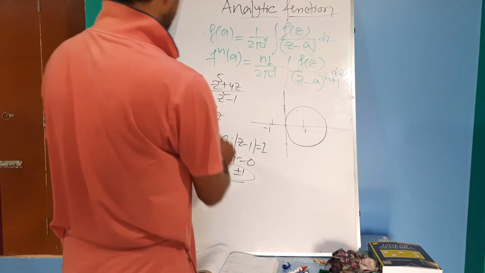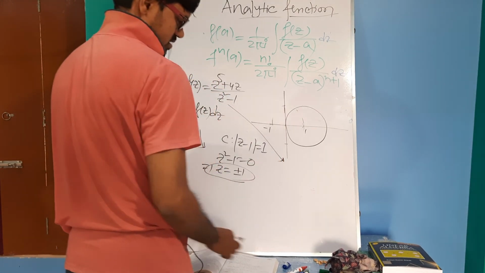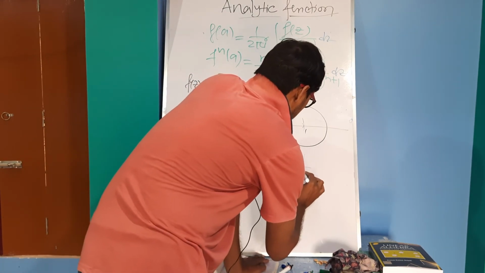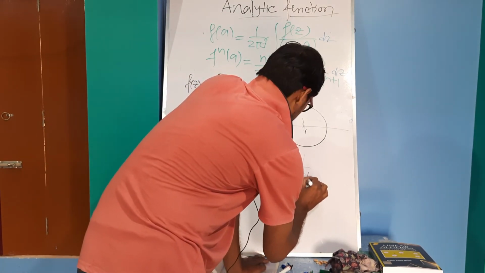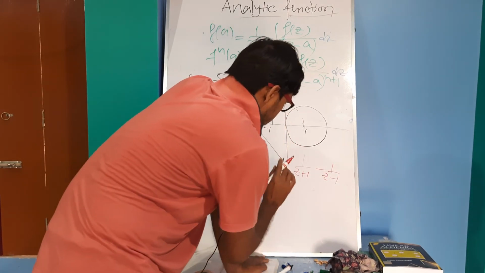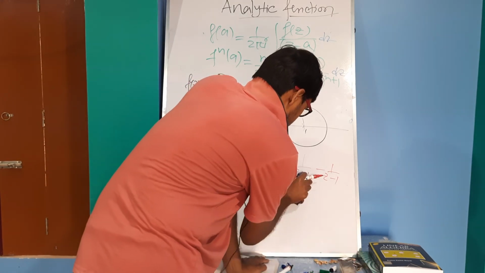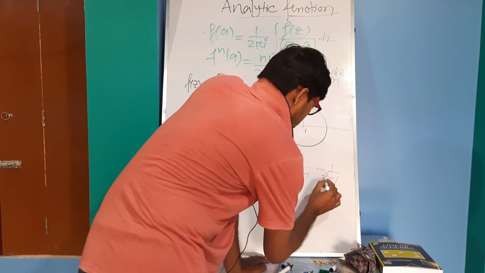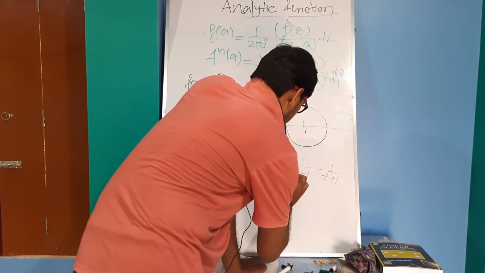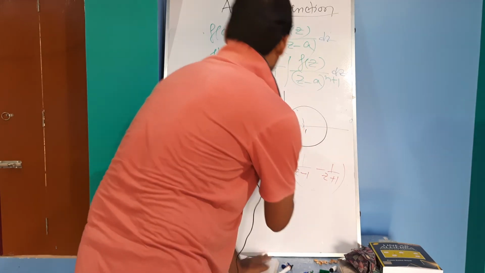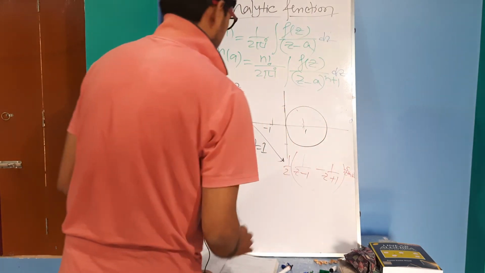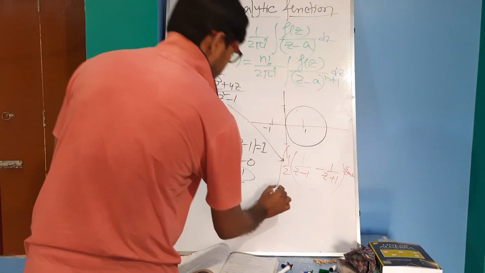So if you want to split it, you can write 1 by z square minus 1 as 1 by 2 into 1 by z minus 1 minus 1 by z plus 1, with f of z, z to the power 5 plus 4z, in the integration.